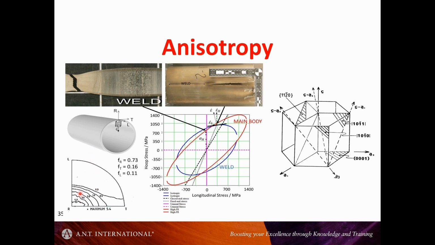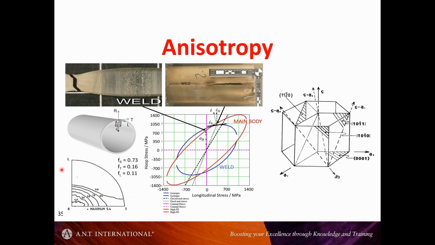And what we're talking about is the fact that many of the grains have the unique C-axis in the hexagonal unit cell in the radial direction of the tube.